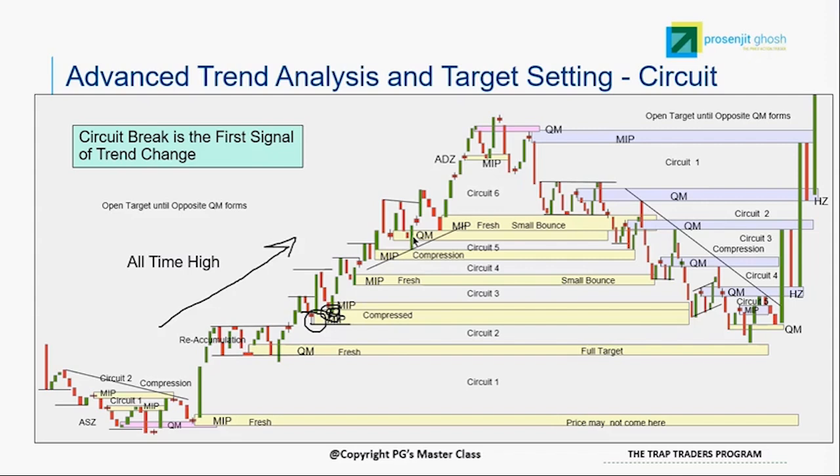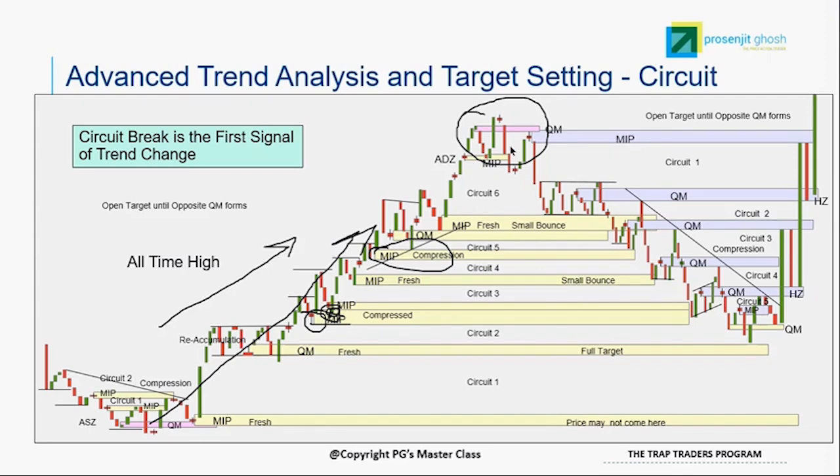Okay, and if you are entering the trade, say here at this point, then you know that price has already moved a little bit up, so your target will not be that big, but still you can keep your trade open because until an opposite circuit break happens, price is not going to change its trend.